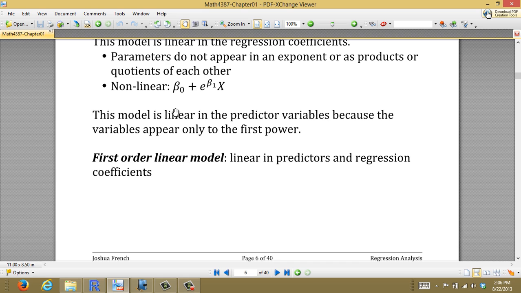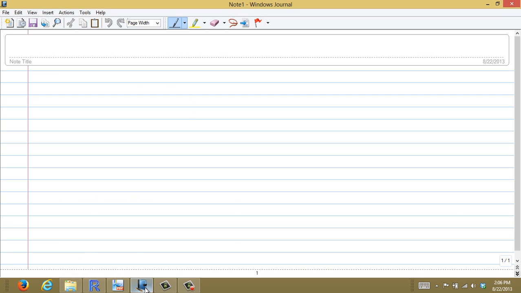However, related to the simple linear regression model is the first order linear model, which means that the regression relationship is linear in both the predictors and the regression coefficients. So a first order linear model, to write it in the multiple regression context, would be something like y sub i equals beta naught plus beta 1 xi1 plus beta 2 xi2 plus epsilon i.